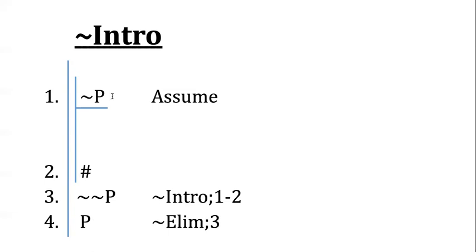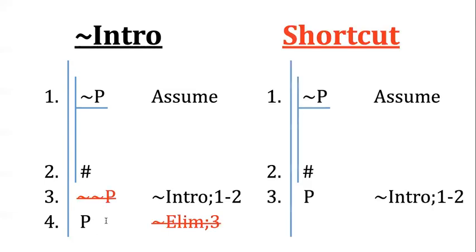In fact, this is so common to do even when your conclusion is not a wide scope negation that we're going to allow you this one shortcut. Whenever you assume the opposite of P and you get to a contradiction symbol, we're going to allow you to suppress this negation elim step. You don't have to first introduce the extra negation and then get rid of them both. We're going to allow you to jump from the contradiction symbol straight to P with no negations.